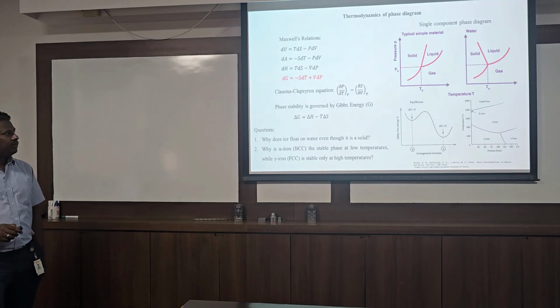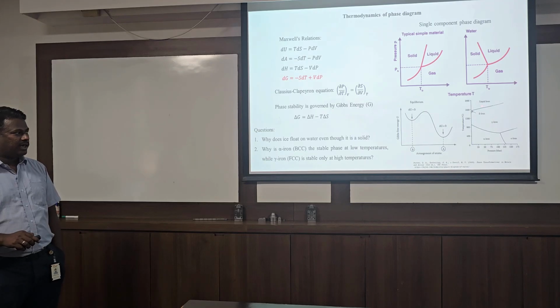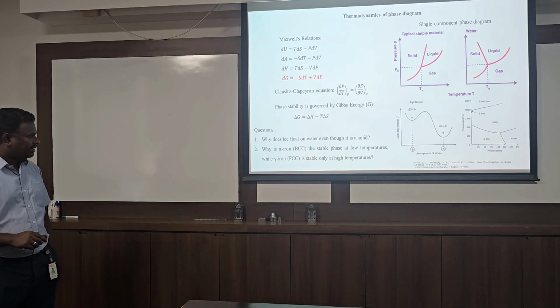Similar to what I have shown here, I plotted here for iron also. As you see, temperature versus pressure, of course the axis is opposite. You can see alpha iron is stable here, and here gamma iron, the liquid, delta iron, and epsilon. I will pose one question, we can think in this direction.